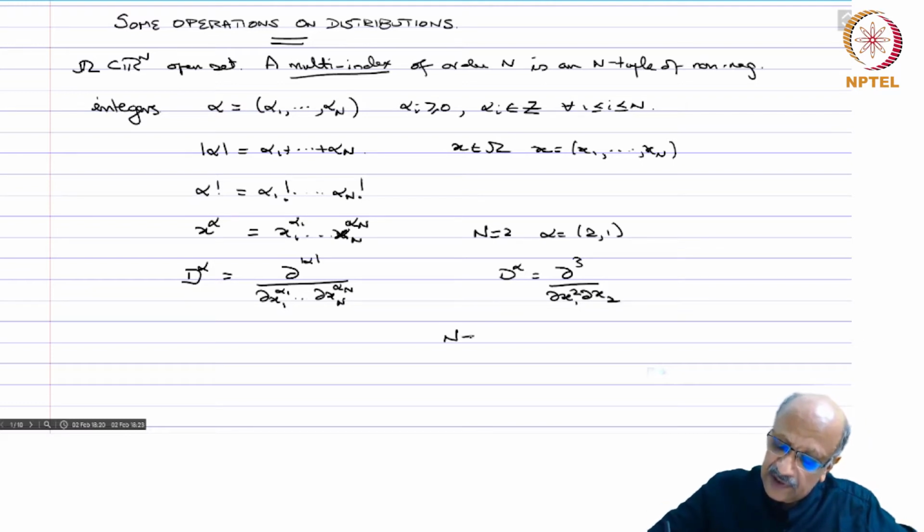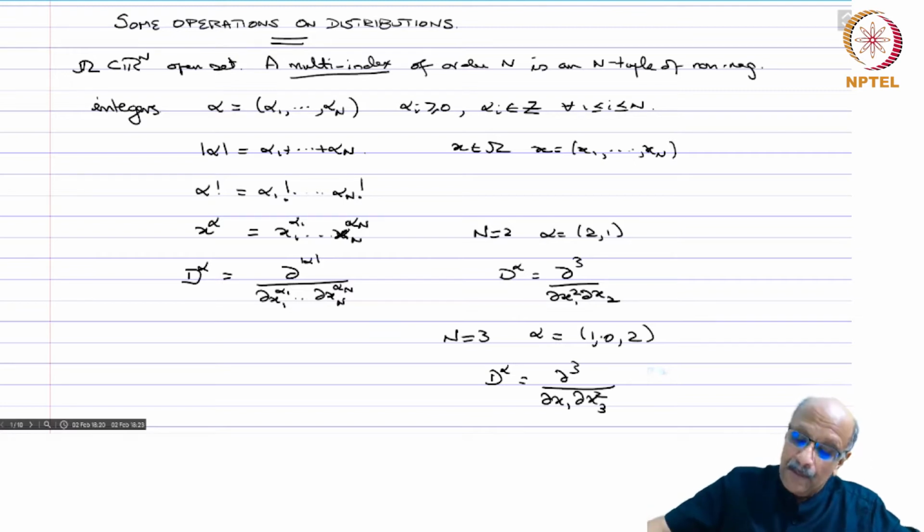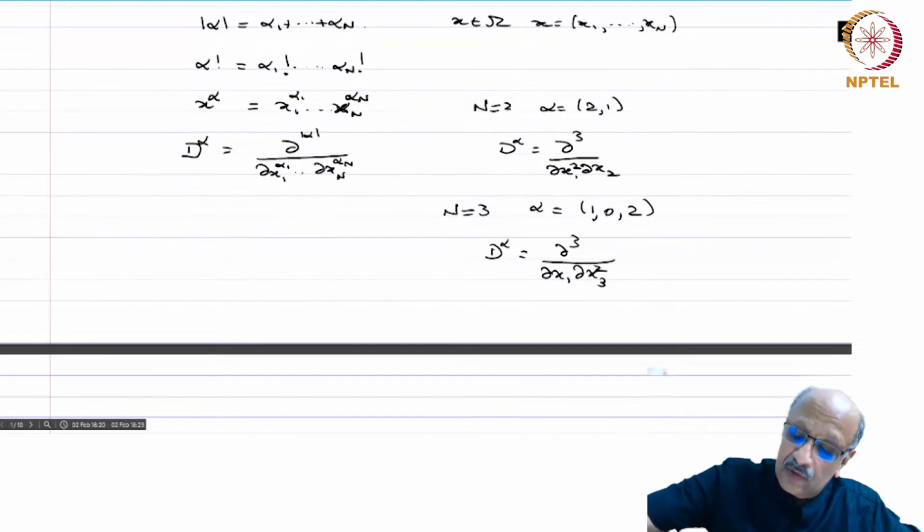Suppose n equals 3 and alpha equals (1, 0, 2), then D alpha will be d3 by dx1 dx3 squared. There is no dx2 because the second index is 0 here. So this is how we have a very compact notation for introducing derivatives.